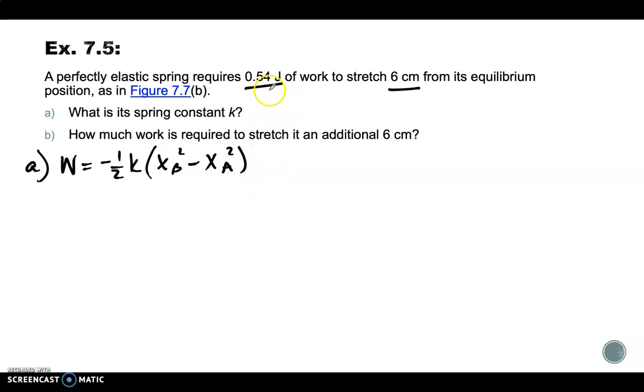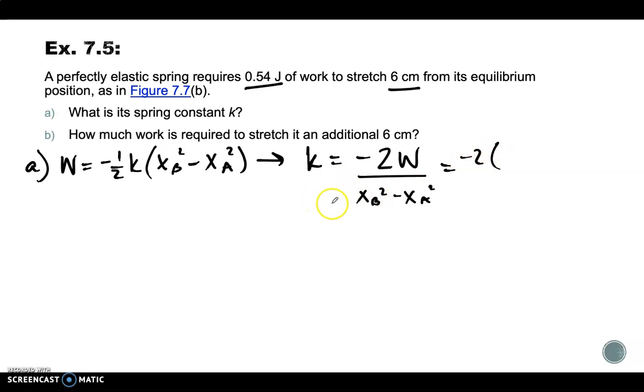We have our work, and we have some stretching point. We need to find k, so k is going to be equal to negative 2 times the work divided by x_b squared minus x_a squared. Just doing a bit of algebra there.